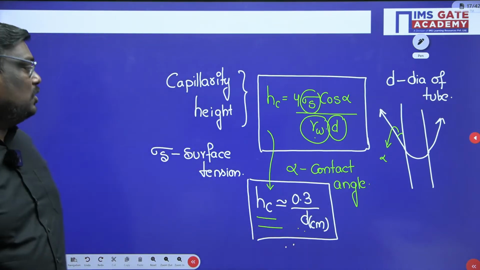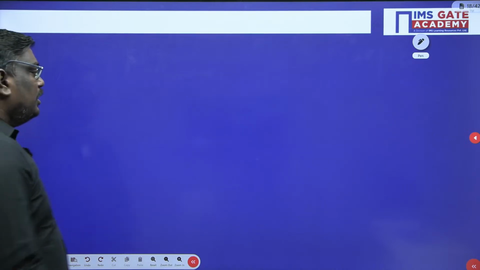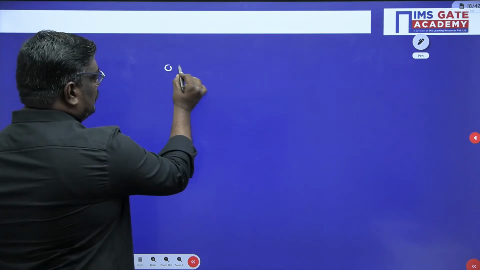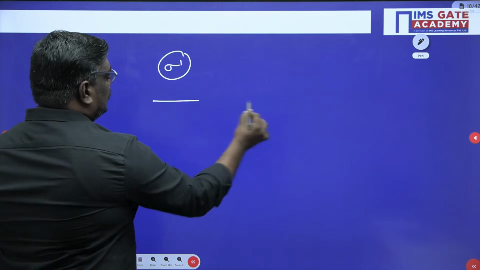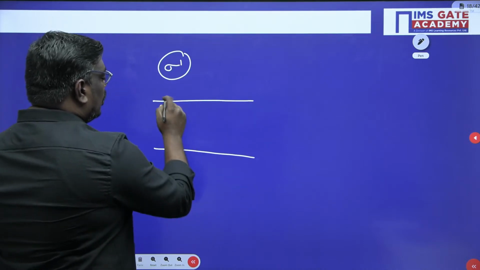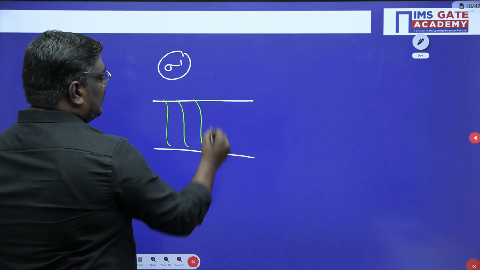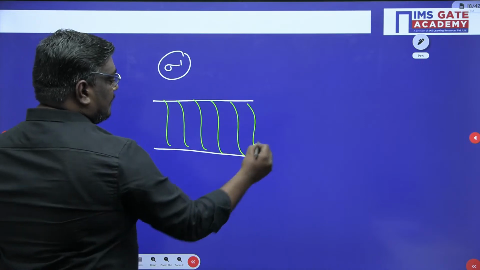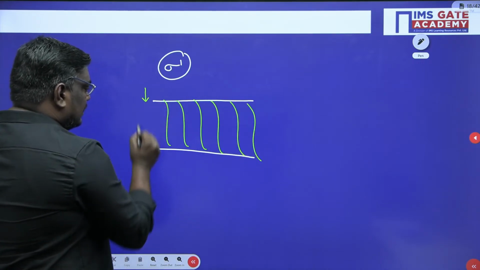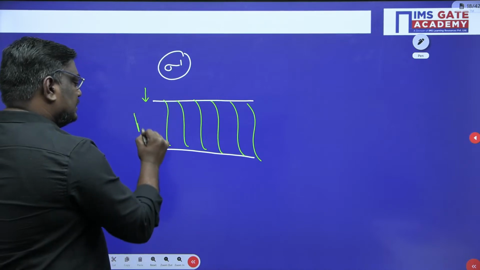Now, let me tell you one important thing, sir. Actually, if you calculate effective stress, how do you calculate effective stress in the zone of capillarity? Suppose I consider this as capillary height HC.